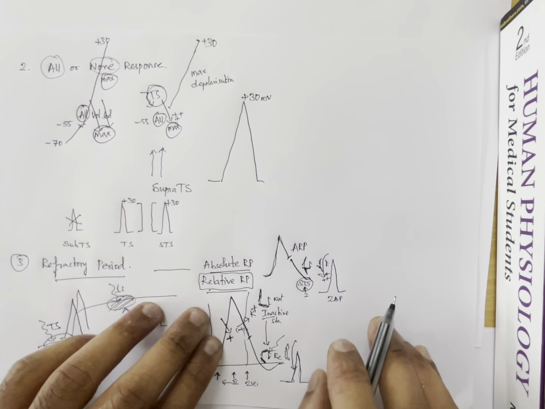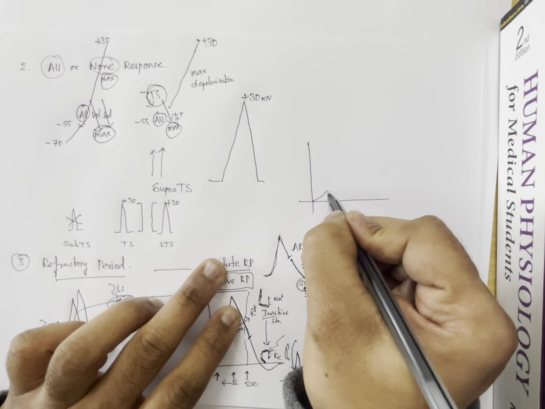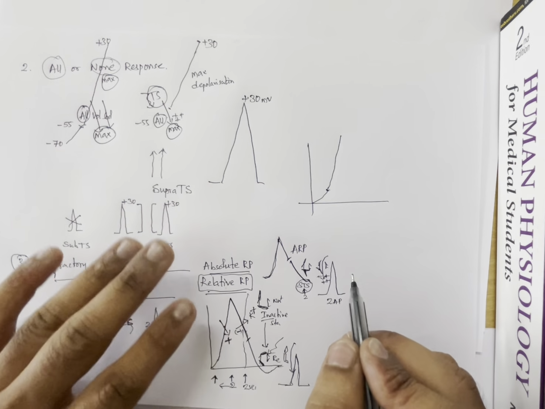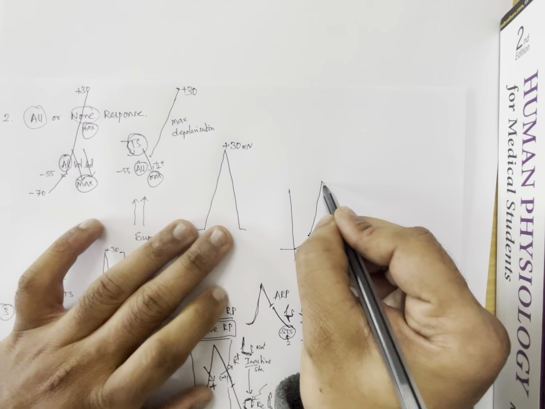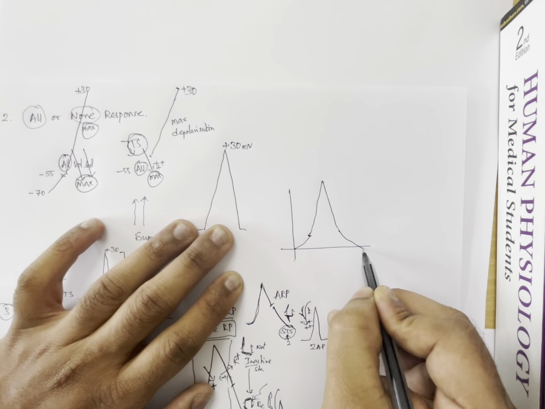So in the timeline, if we explain, this is the graph: firing level, depolarization, rapid repolarization, slow repolarization.